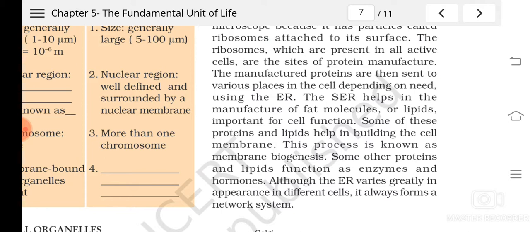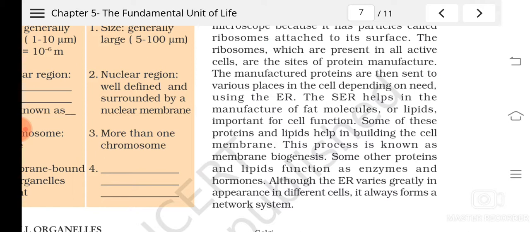SER helps in the synthesis of fat molecules and lipids, and in membrane biogenesis.